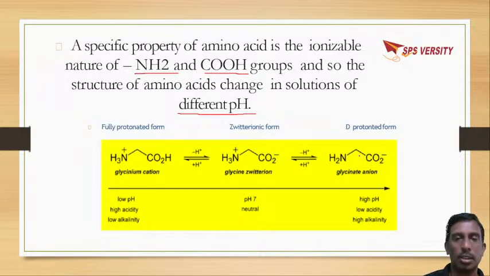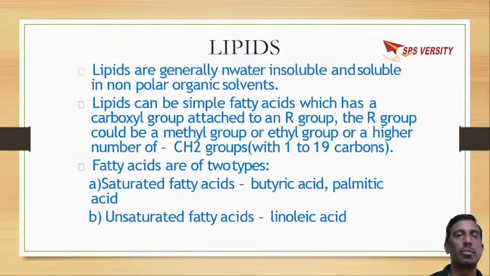Okay. So that's why it is called zwitterion. So at low pH, it is in fully protonated form. At high pH, it is in deprotonated form. So इसको क्या बोलते हैं कि zwitterionic nature.